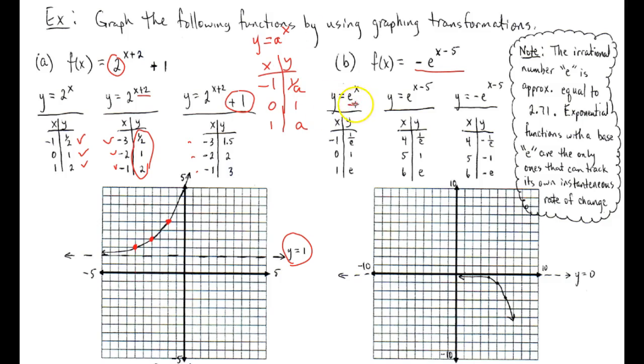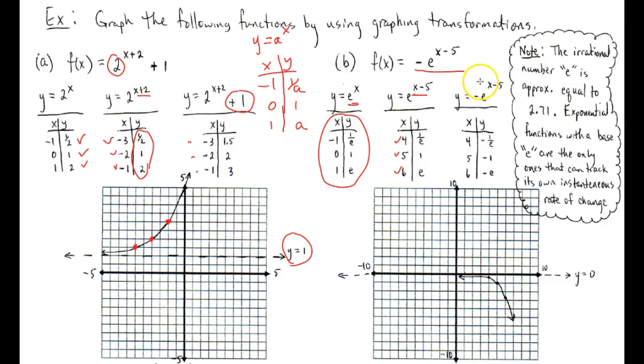The main thing I want to get across here is not necessarily what the numbers are, but that we have our function e to the x, and that has been horizontally shifted 5 units to the right. So all the x values get 5 added to them, and the y values stay the same.